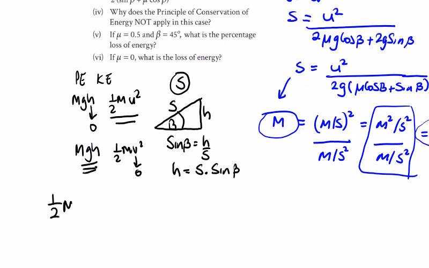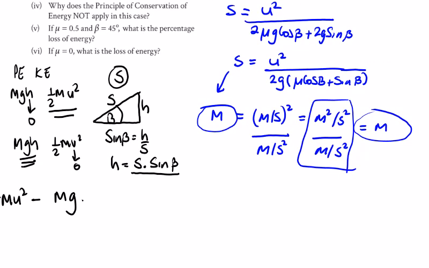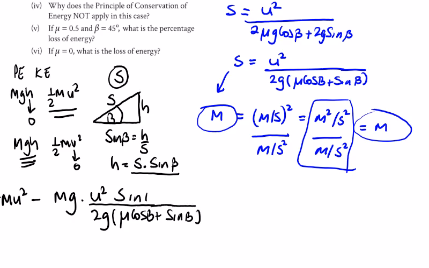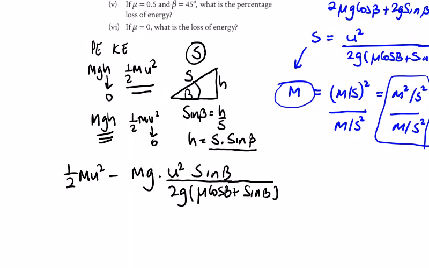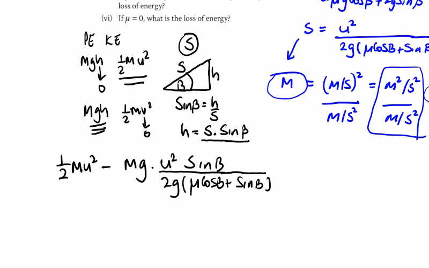So we have a half m u squared minus mg by h, which is this guy. So let's just write s first: u squared over 2g by mu cos beta plus sine beta. We have to multiply that by sine beta on top. So what does this simplify to be? Well, we have some commonality. I can cancel my g's here first.